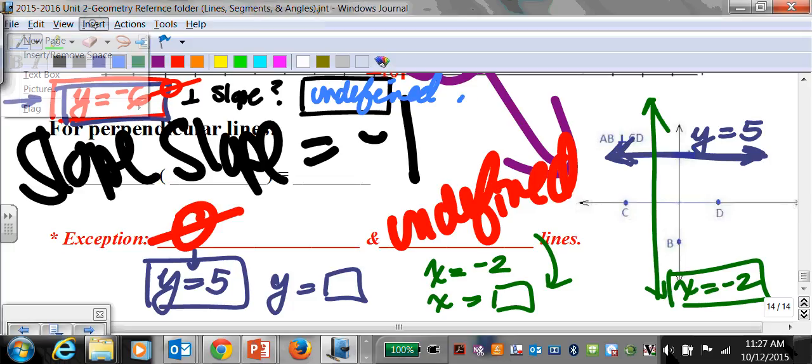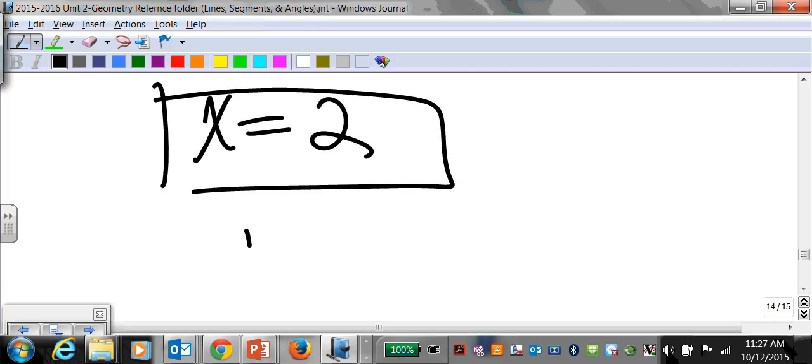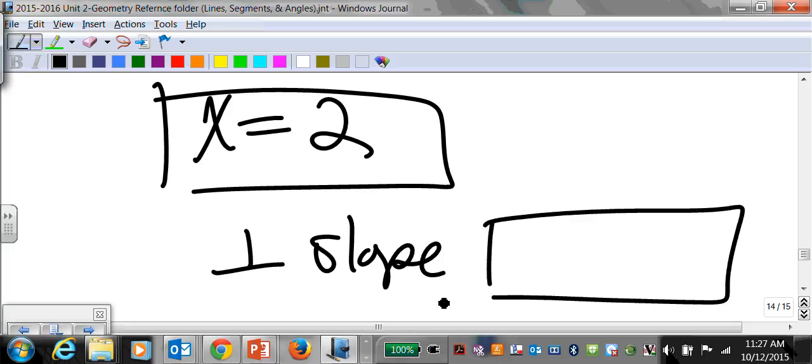Okay, let's try one more. We obviously need this. Okay, ready? If I have x equals positive 2, what would be the perpendicular slope? Okay, guys, it has nothing to do with 2.